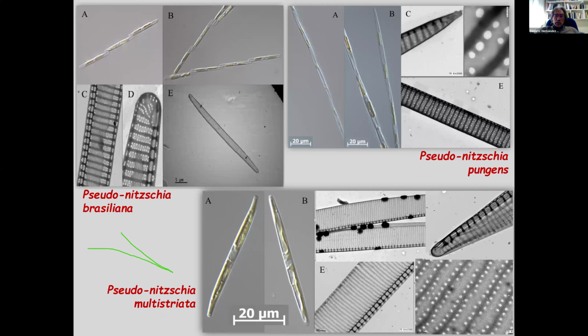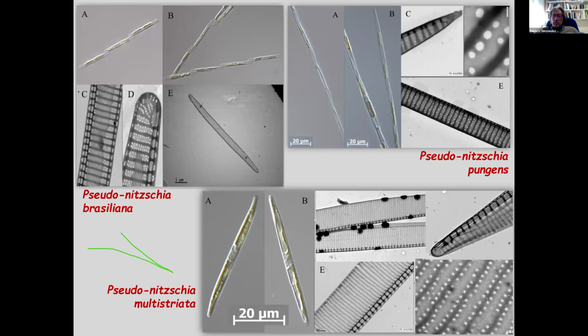These species were cultured from samples in the Mexican Pacific, including some of the toxic species of Pseudo-nitzschia. Pseudo-nitzschia brasiliana was considered not to be toxic, but in fact, our student found some production of domoic acid in Pseudo-nitzschia brasiliana, whereas in Pseudo-nitzschia pungens, it is known that it produces domoic acid.